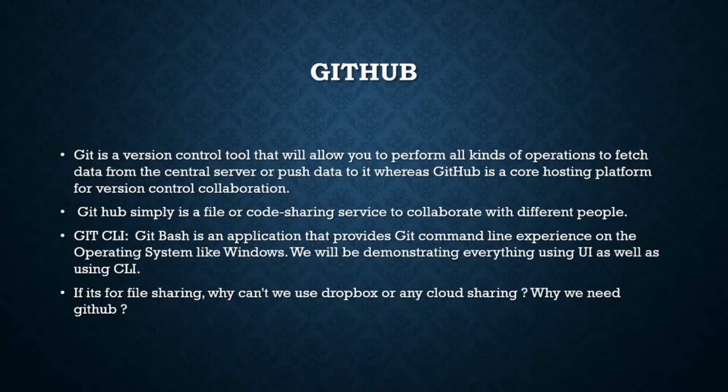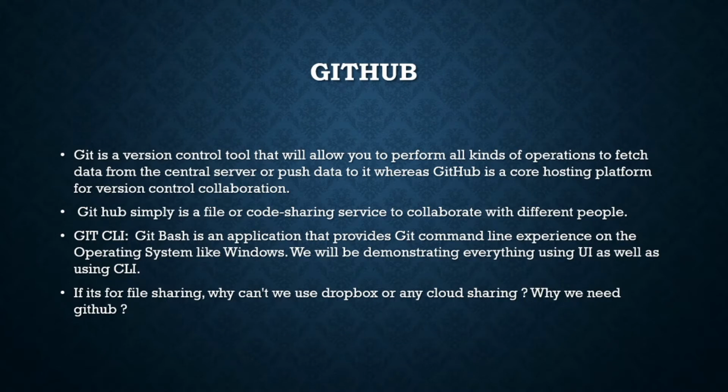Basically, we can consider GitHub a file sharing or code sharing platform for collaboration. Of course, it's way more than that, but we can think of it like that. GitHub is a web-based Git version control repo hosting service. We host our repository in a centralized location, and to that repository we can upload our files.